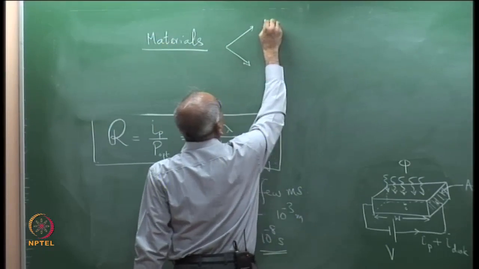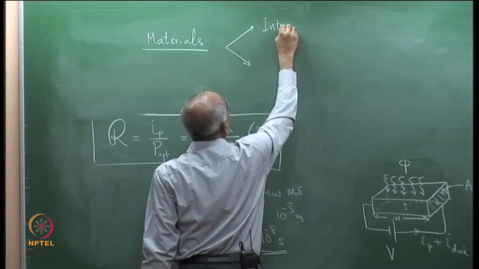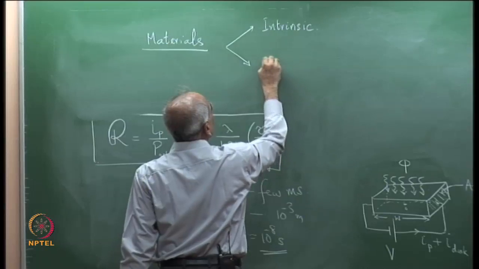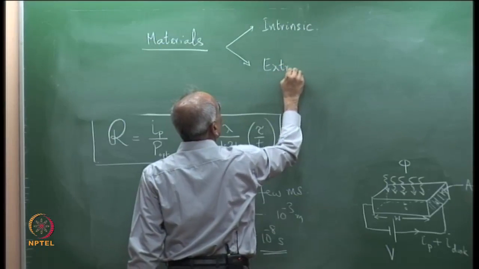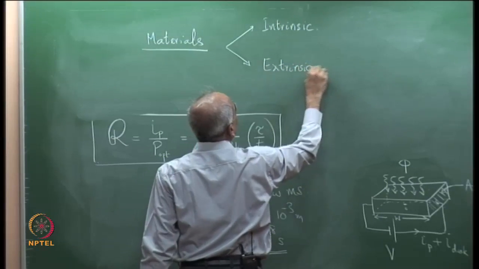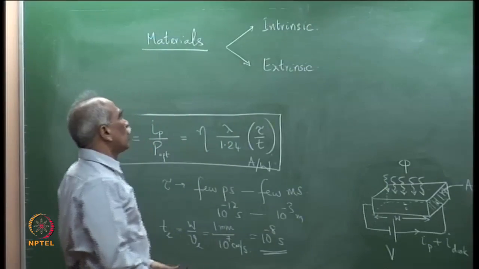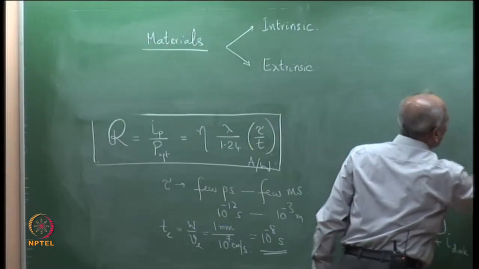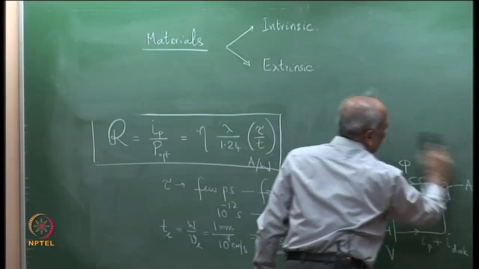They are intrinsic and extrinsic. As you know, intrinsic normally refers to pure semiconductors, and extrinsic refers to doped semiconductors.